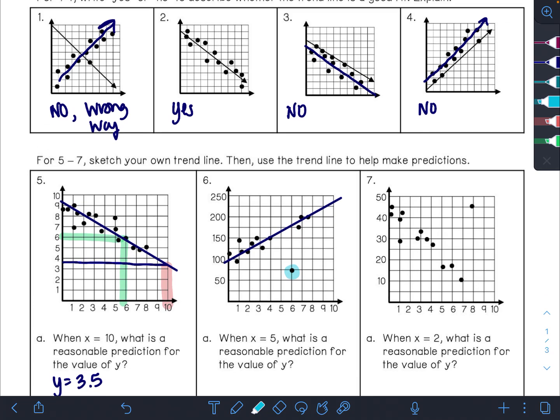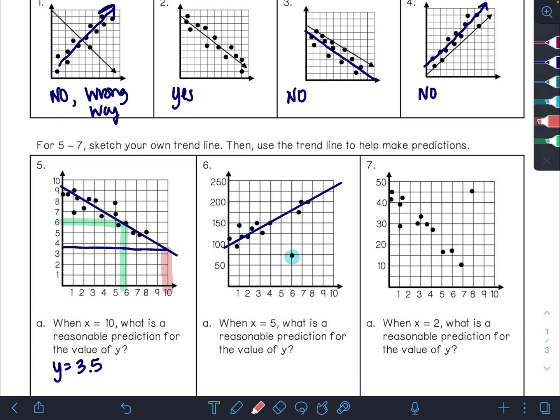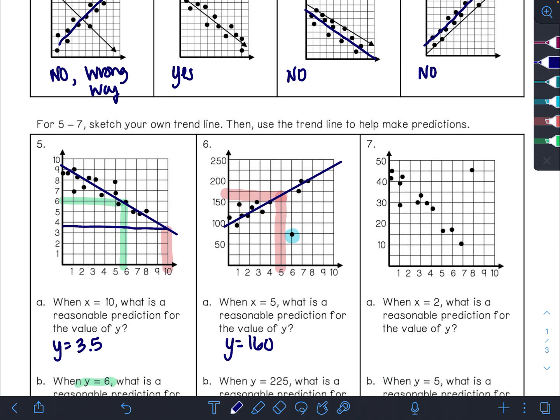So I'm looking for when X is equal to 5. I'm going to go here, when X is equal to 5, up to my trend line and go over. So I have anywhere around 160, so my Y value would be around 160 to 170.